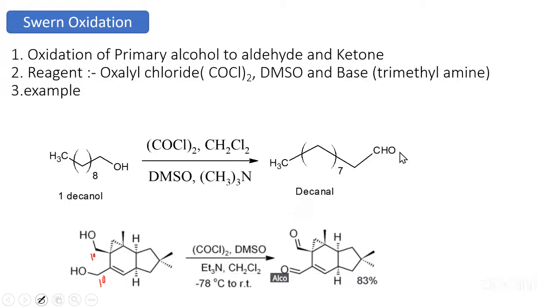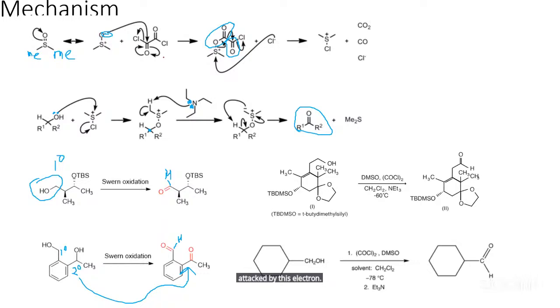alcohol into an attacked by this electron halogens, and these halogens again intramolecularly, or by means of an intact ion pair, attack on the sulfur, giving a formation of an intermediate sulfonium compound.